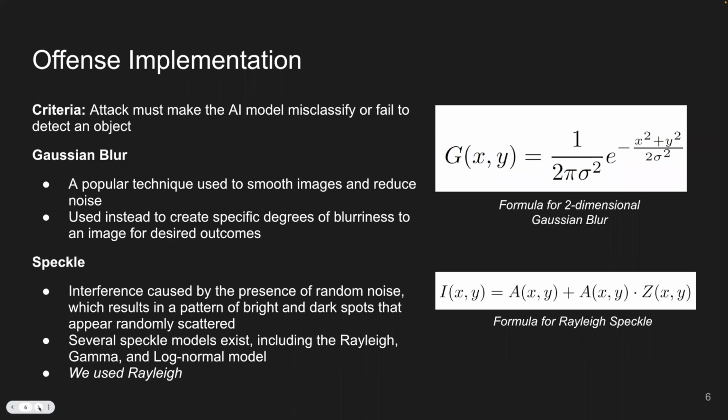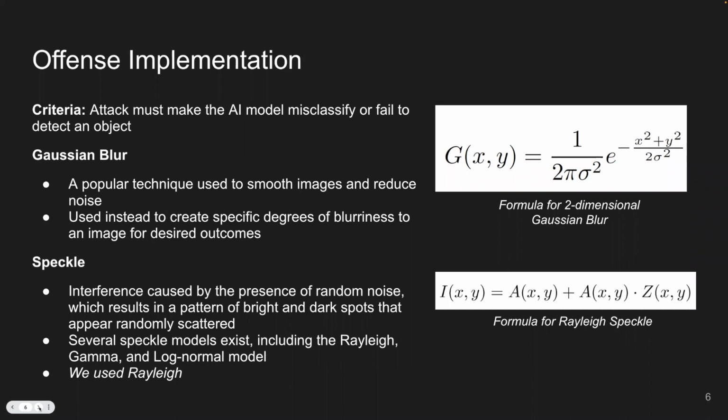The first one, the Gaussian blur, is a popular technique used to smooth images and reduce noise. It works by applying a Gaussian function to each pixel in the image, where the function's standard deviation determines the amount of blur applied. However, instead of reducing blurriness in an image, we are applying the Gaussian blur to create specific degrees of blurriness to an image for specific desired outcomes.